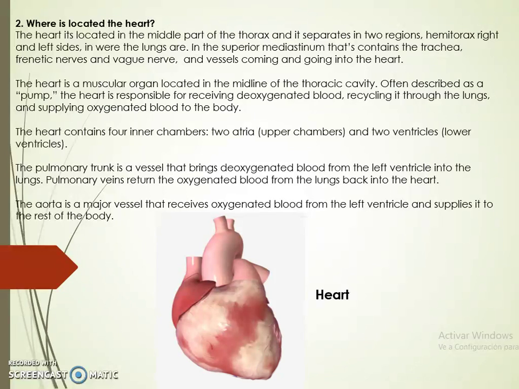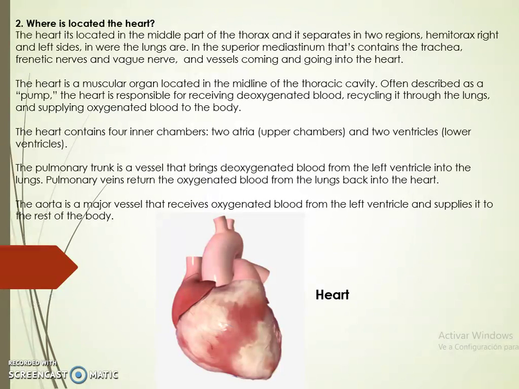The heart is a muscular organ located in the middle of the thoracic cavity, often described as a pump. The heart is responsible for receiving deoxygenated blood, recycling it throughout the lungs, and supplying oxygenated blood to the body. The heart contains 4 inner chambers, 2 atria and 2 ventricles.